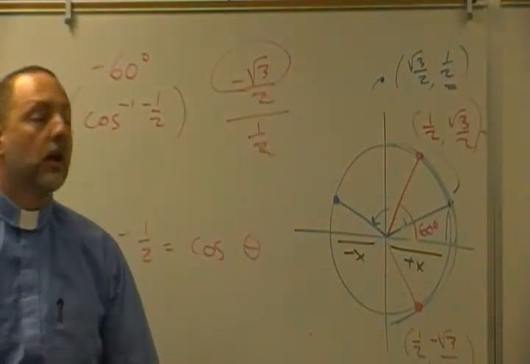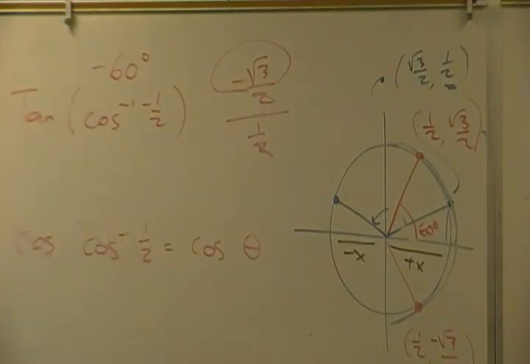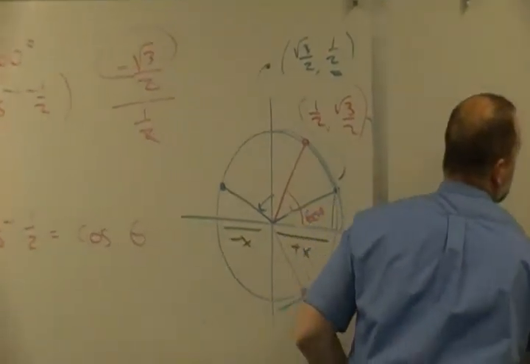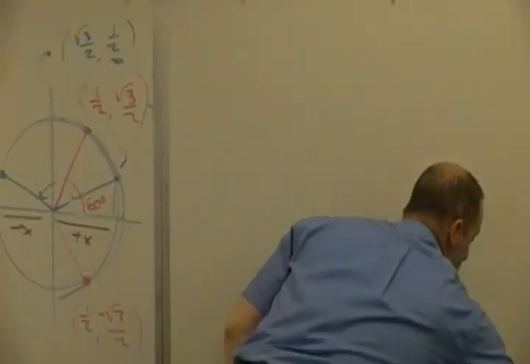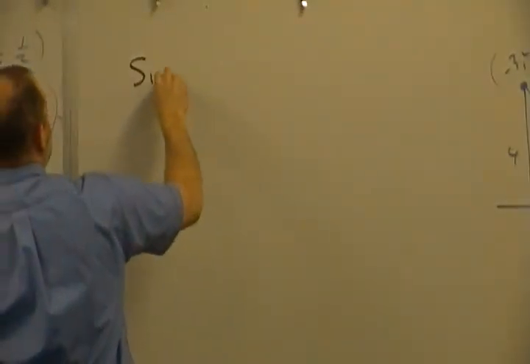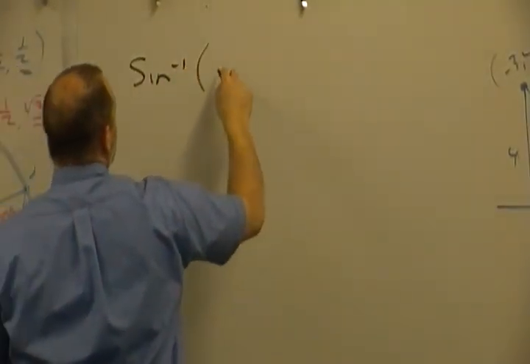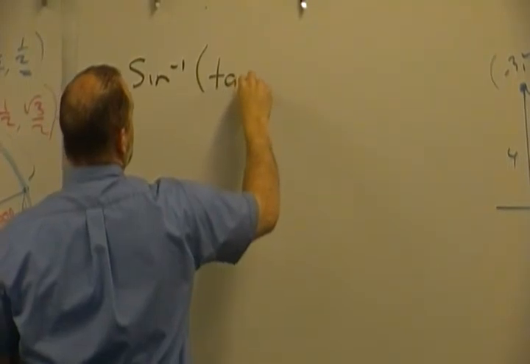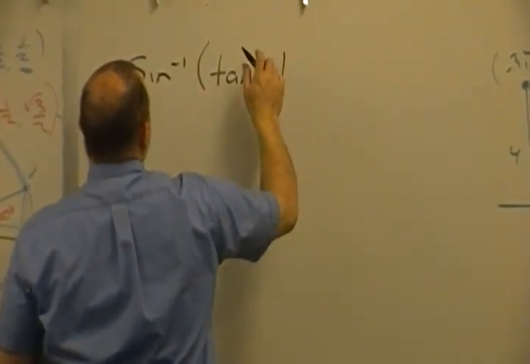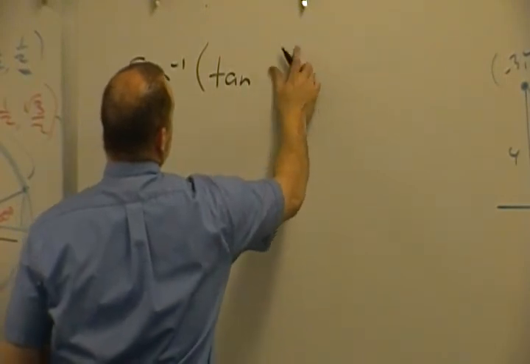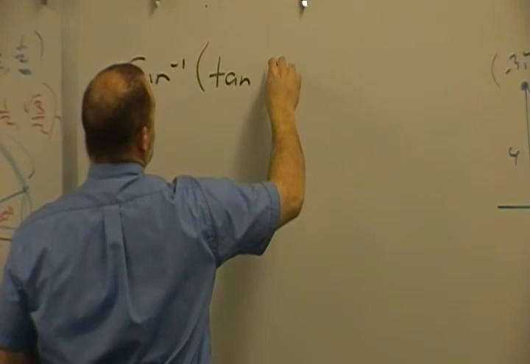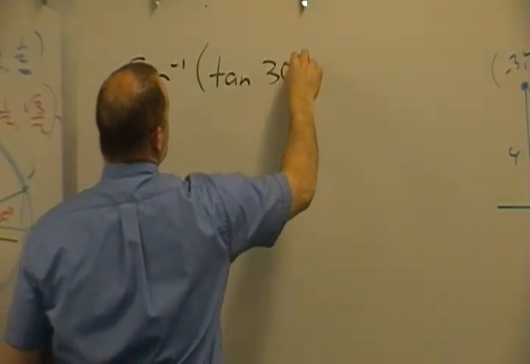I'll put a couple up on the board for you to try. How about this? Let's do sine inverse of tangent of 30 degrees.